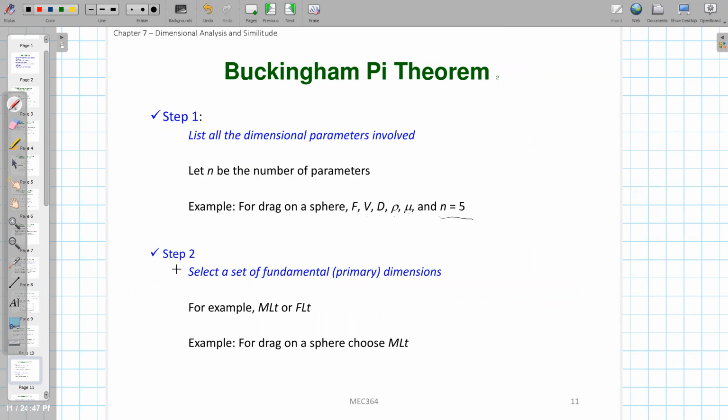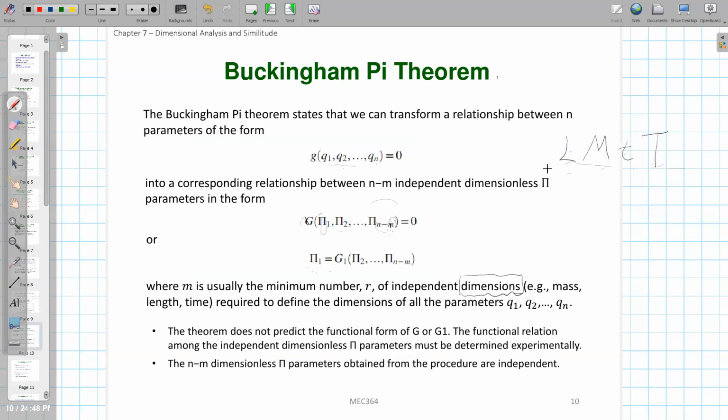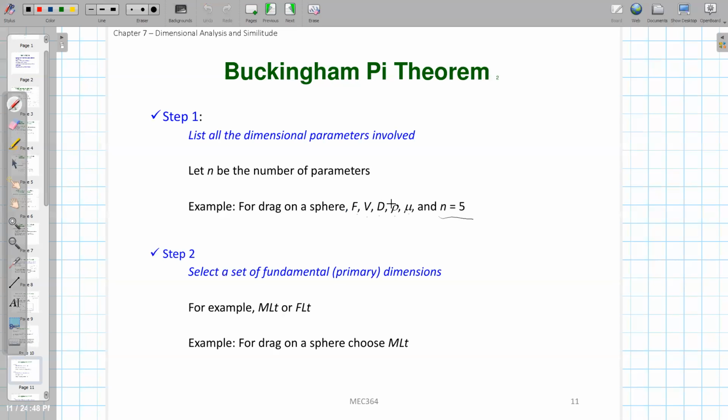The second step: from this physical problem, you determine what the fundamental dimensions are. So for this problem, there is nothing related to temperature, nothing related to energy, right?